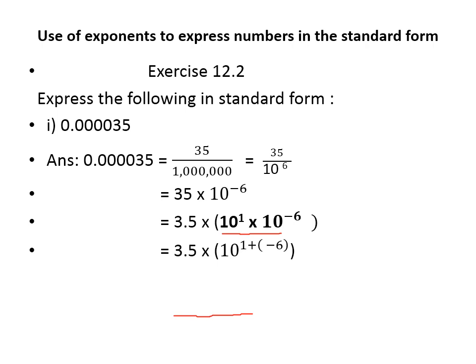So this is equal to 3.5 as it is into 10 raised to 1 plus minus 6, which is 1 minus 6, which is equal to 10 raised to minus 5. So this number we say it is expressed in the standard form.